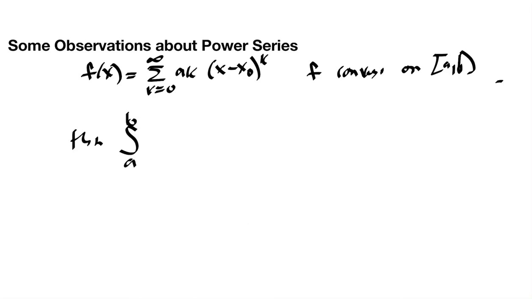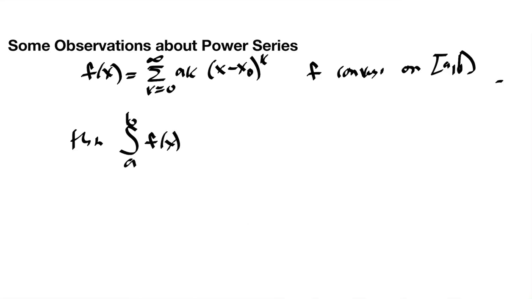So if that's our power series, and it converges on AB, which means that it'd be uniformly convergent on AB, then we get that same integral result from earlier.